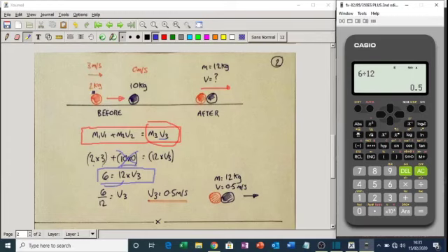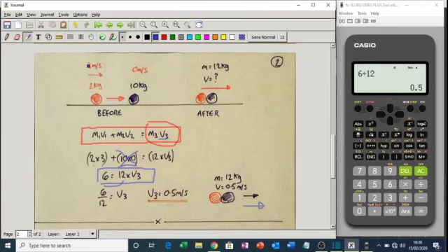So when these two objects collide, that one is moving, this one's not. They'll collide together, no rebound, no loss of friction, etc. And the velocity will be 0.5 meters per second that way. Which makes a bit of sense because this is quite big and that's quite small.